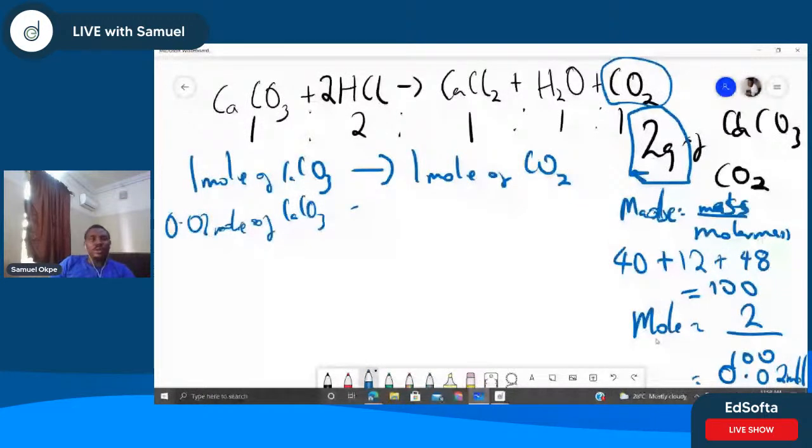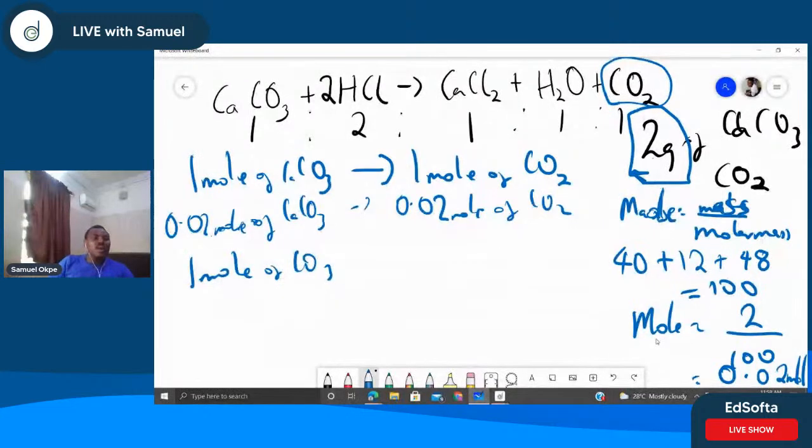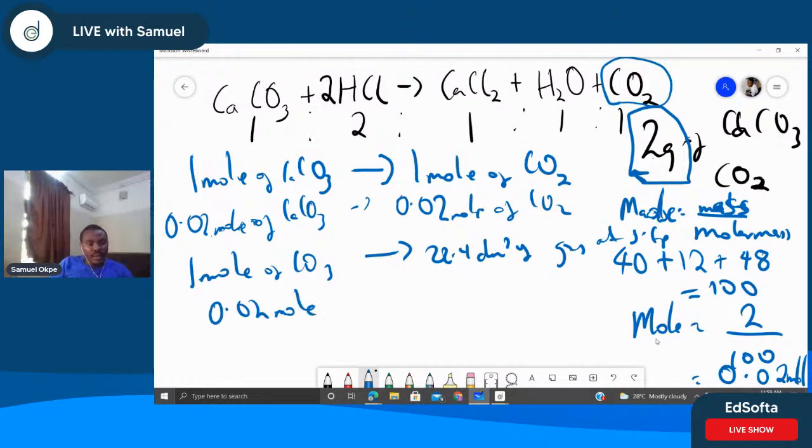So it gives 0.02 mole of CO2. What do we now need to do? We know from our elementary chemistry that 1 mole will give us 22.4 dm cube of the gas at STP. So 0.02 mole will give us X. How do we find X?